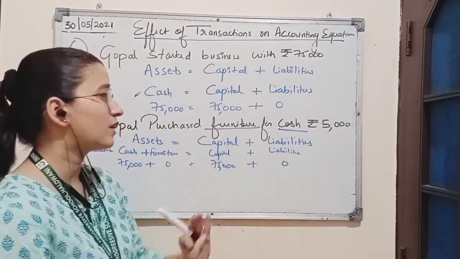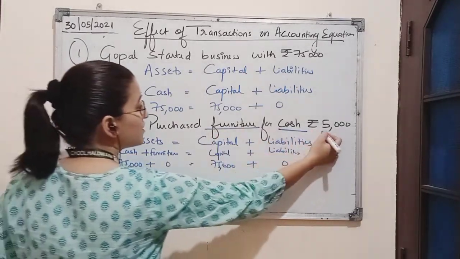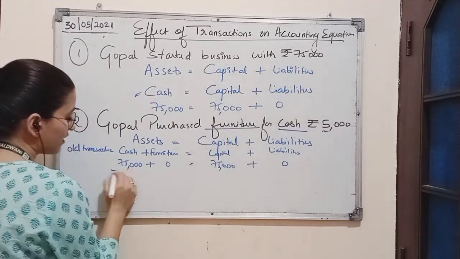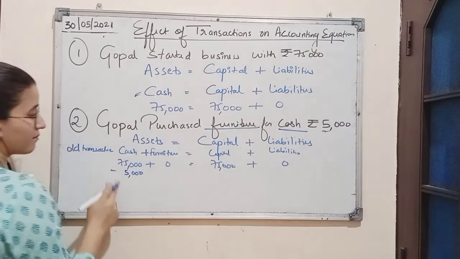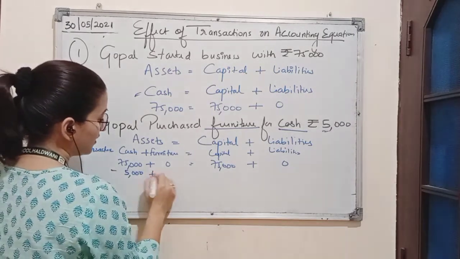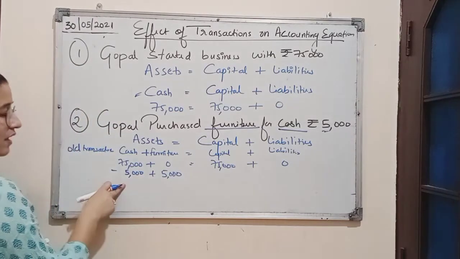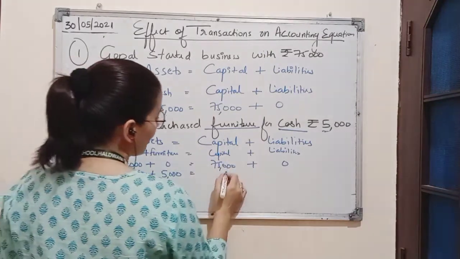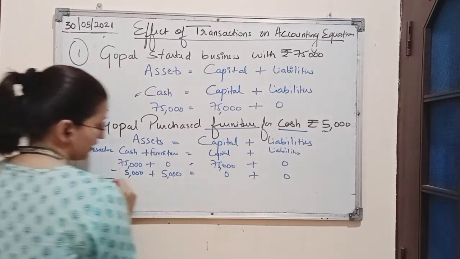So here also the equation is balanced. How can we see it here? Furniture is purchased with cash 5,000. That means cash has been reduced by 5,000. We will subtract this amount 5,000 from cash, and the same amount is added to furniture because with this 5,000 furniture has been acquired. There is no effect on the capital and liabilities.